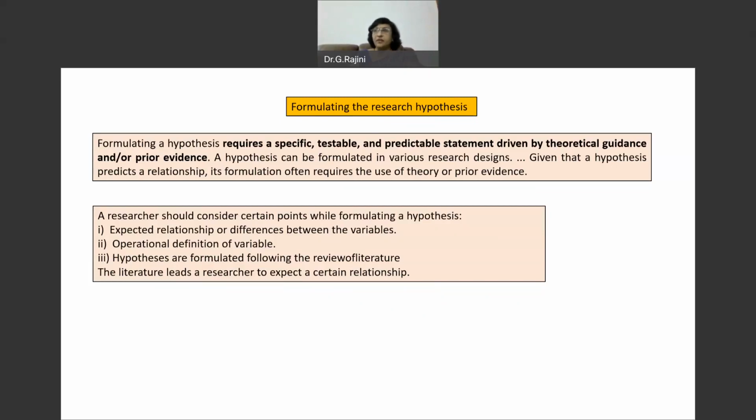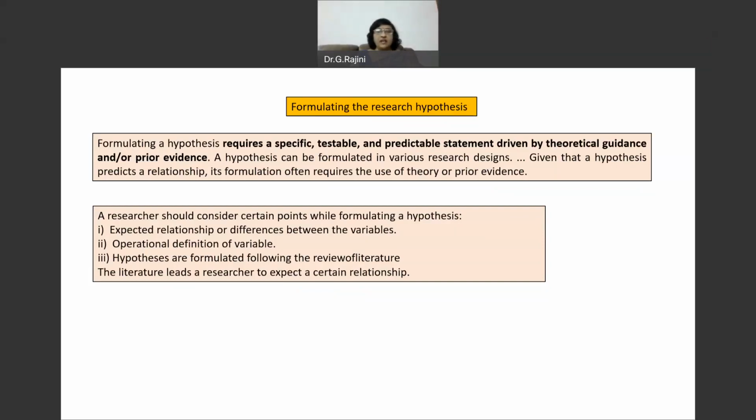Supposing employee welfare measures, if it is going to be Adam's equity theory, so everyone should be paid equally. So that theory is a base, and based on the compensation, if you are measuring their job satisfaction, then everyone should feel satisfied with their job. Okay, based on the compensation, if you are going to measure. So this is the operational definition of the variable you have. Based on that only, we have formulated that hypothesis.